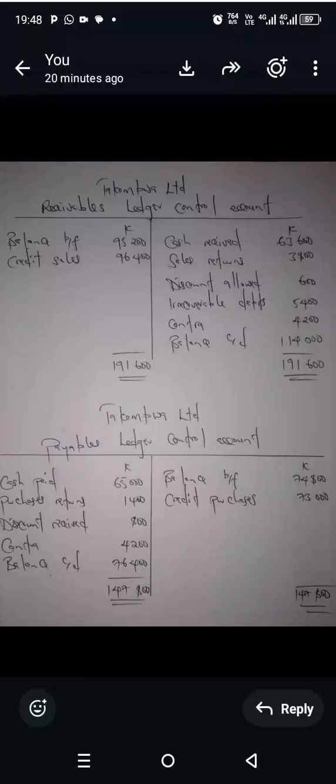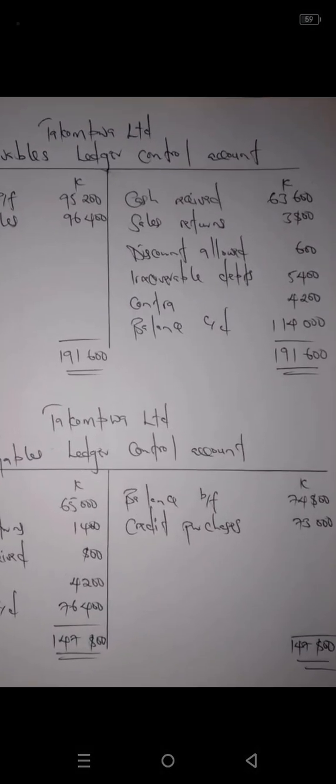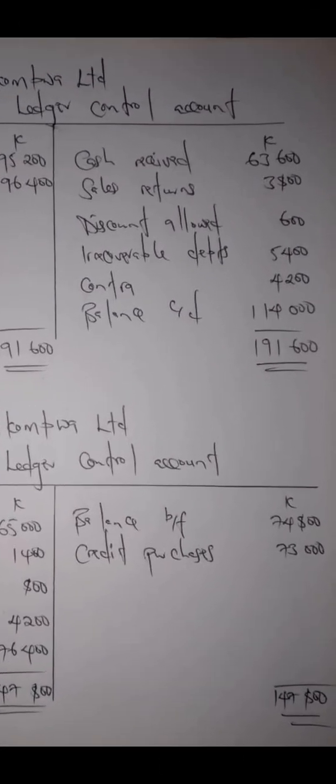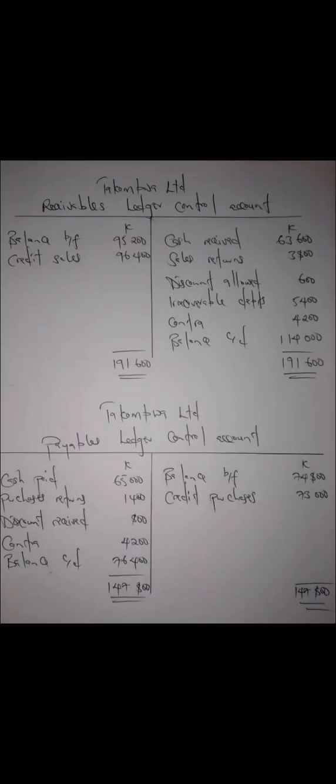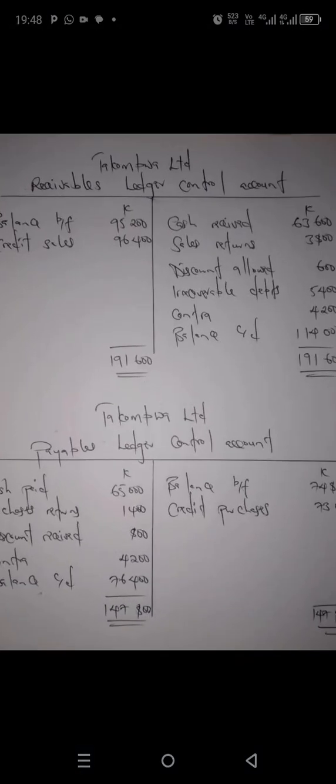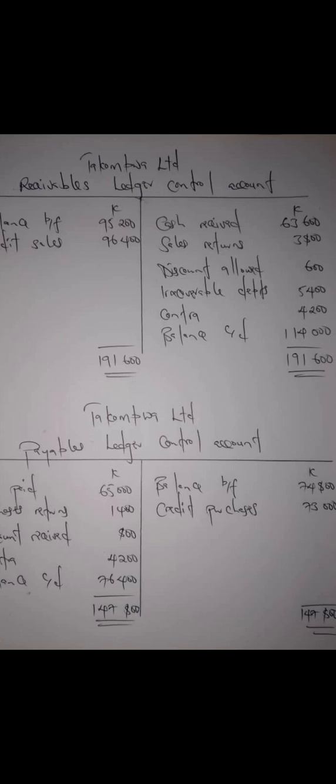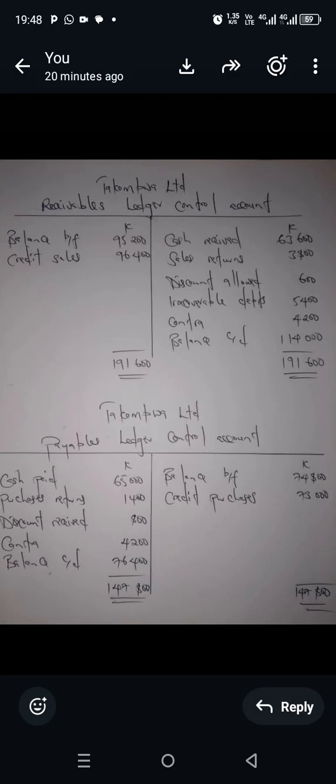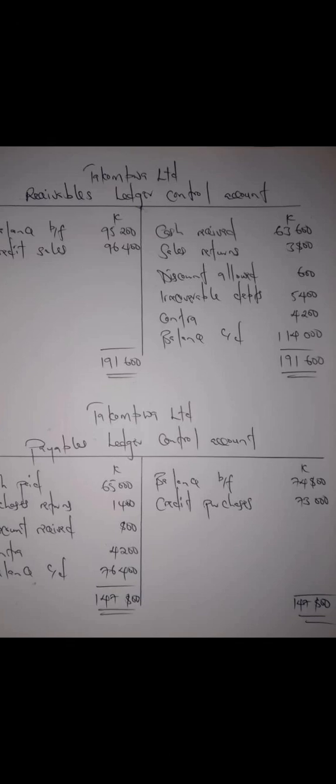As you can see here, we've recorded the contra item on the credit side. Why? Because it affects the receivable balance. So the next thing that we do, we look at the balance carried down in this receivable ledger control account.